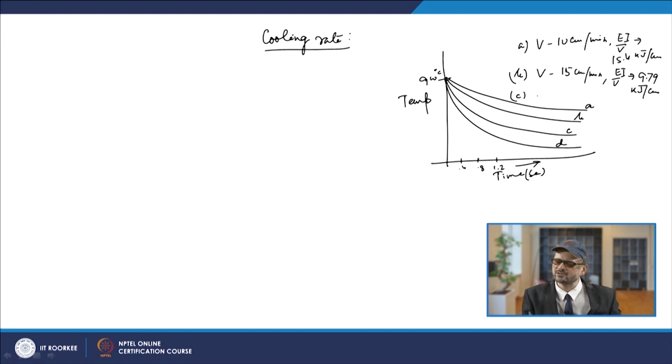Similarly, C has V of 20 centimeter per minute, and EI upon V is 7.34 kilojoule per centimeter. So, as you see, this value will be changing.